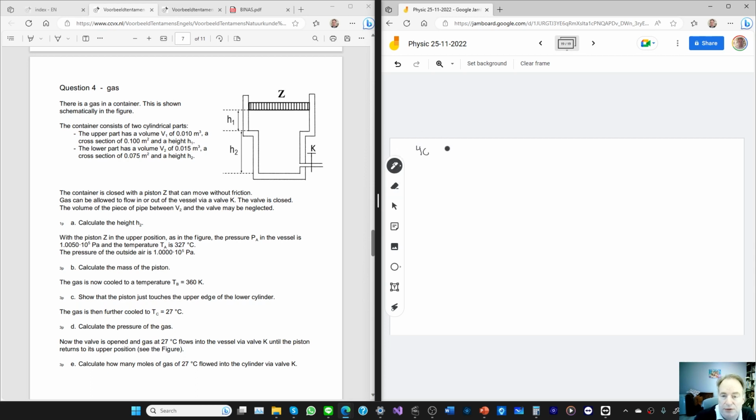So we just use the ideal gas law, which tells us that the initial pressure PA times the volume A divided by the temperature A has to be equal to the pressure B, the situation B.